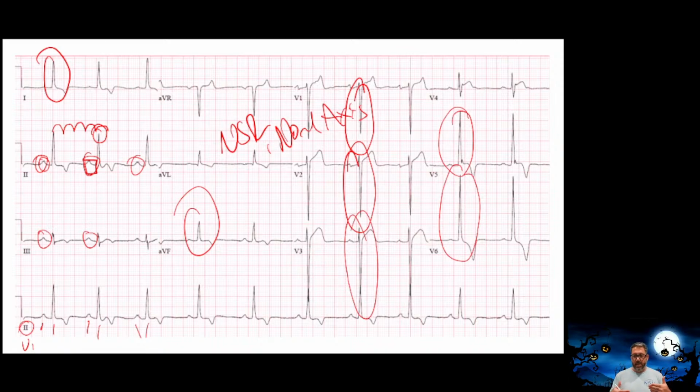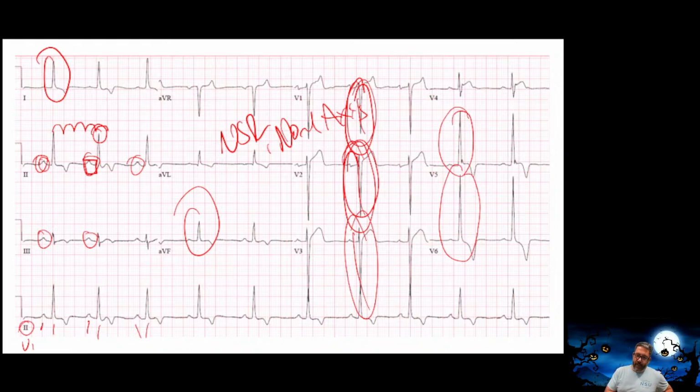If the impulse is coming towards the camera, you get a positive deflection. If the impulse is going away from the lead, you get a negative deflection. In this case, there's so much electricity going to the left side of the heart that V1 and V2 are looking at all this impulse going far away. That's why you get these very deep S waves in V1, V2, and V3.